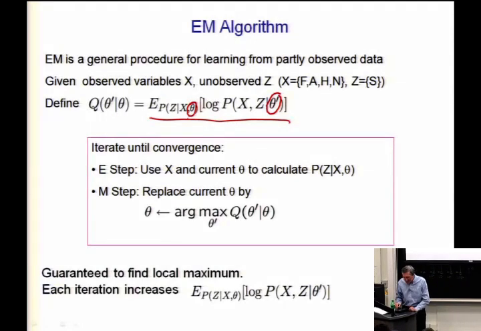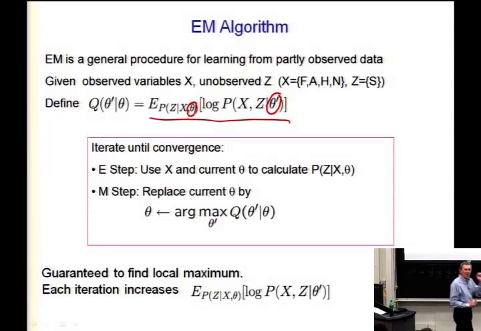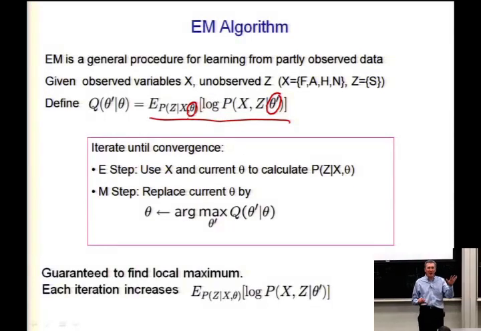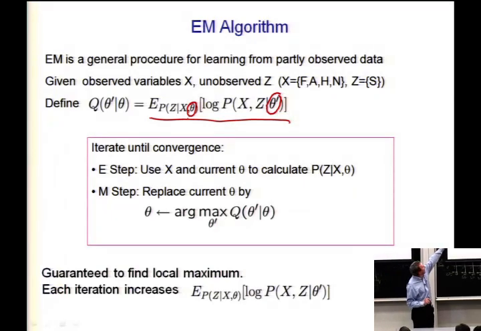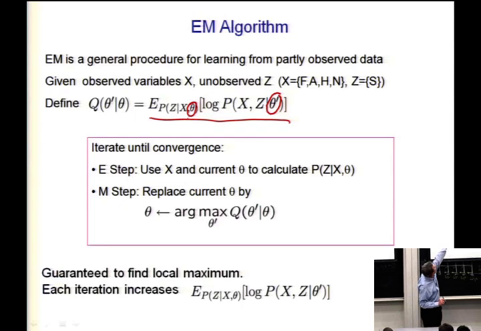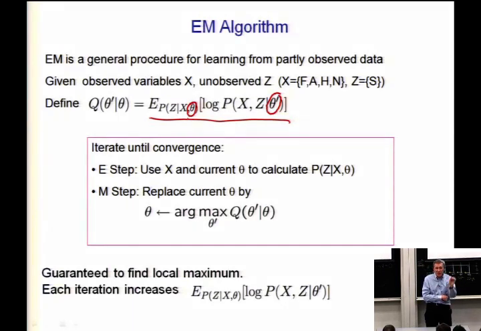We're going to start with a guess of what theta might be. We'll use that theta guess to calculate P of z given x and our guess for theta. And that will allow us to calculate those expected values for each one of our training examples, just like we saw in the previous slide.